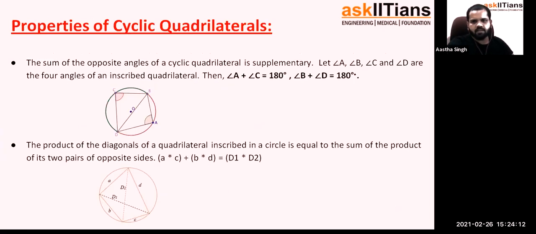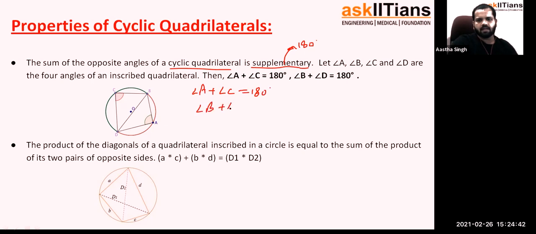So here is the property: the sum of opposite angles of a cyclic quadrilateral is supplementary. Supplementary means 180 degrees. Let A, B, C, D be the 4 angles. As the cyclic quadrilateral is given, the sum of opposite angles, angle A plus angle C, will be equal to 180 degrees, and angle B plus angle D is equal to 180 degrees.